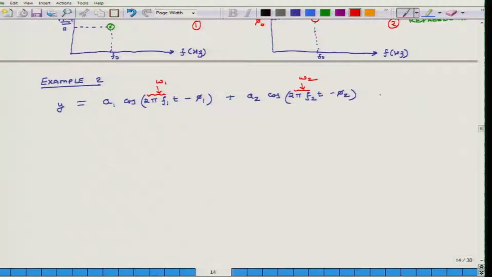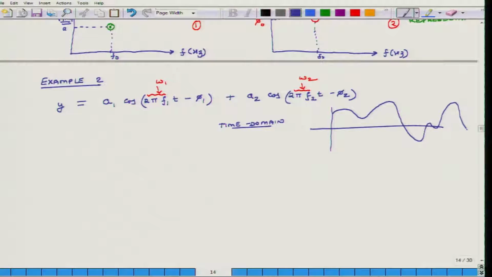So, if I have to plot the time series representation, or time domain representation, I mean the graph will look like something which will not be explicitly harmonic, right, but it is made up of two harmonic signals.